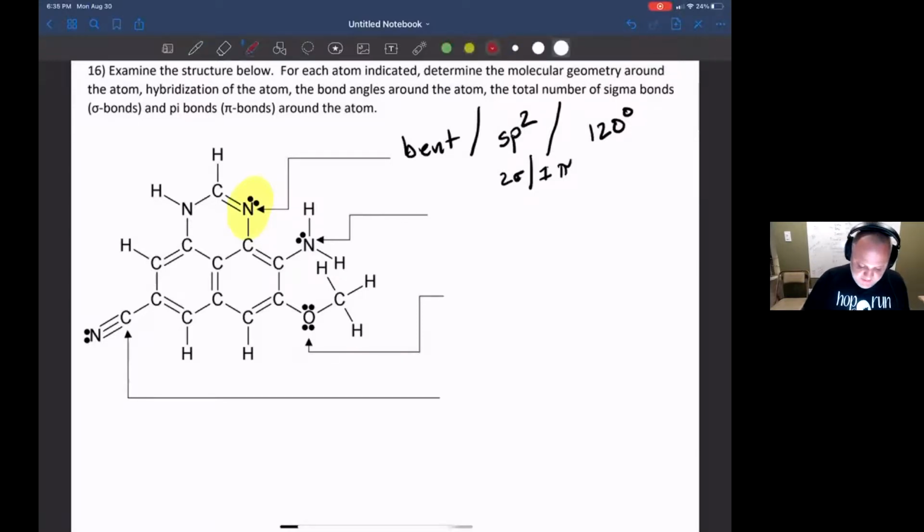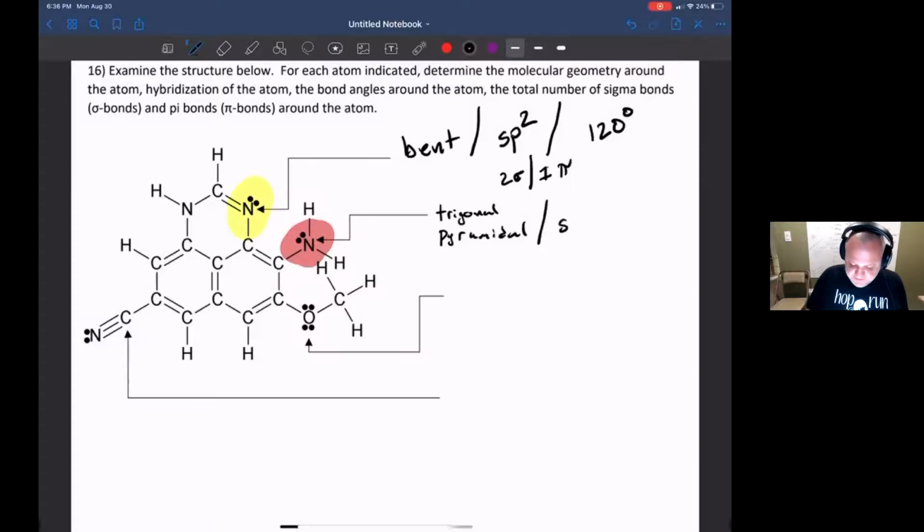The next one is this guy. Its electron geometry is based on 4 geometry groups, 3 bonds and a lone pair, so it's tetrahedral. But with the lone pair, that tetrahedral electron geometry becomes trigonal pyramidal molecular geometry.